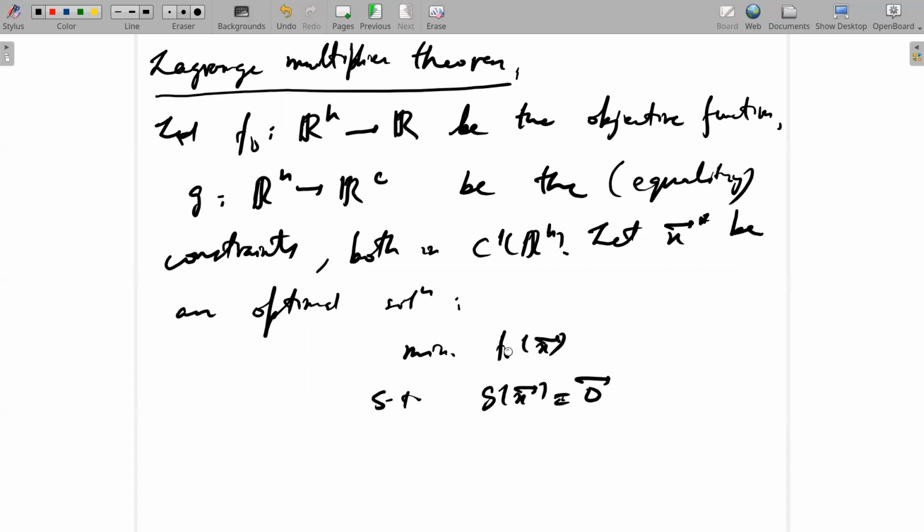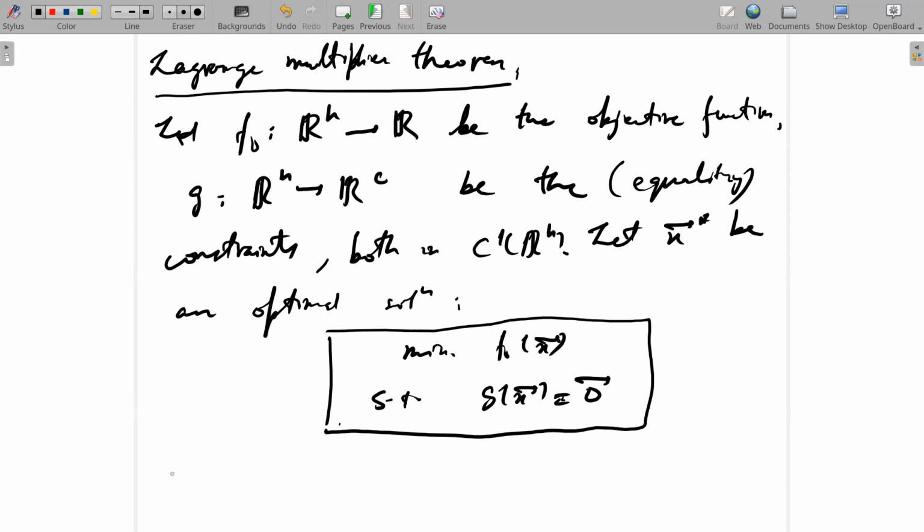So essentially this g1 and g2 right here, I have combined into a single function g, and in the previous example c was equal to 2. So this is the optimization problem.